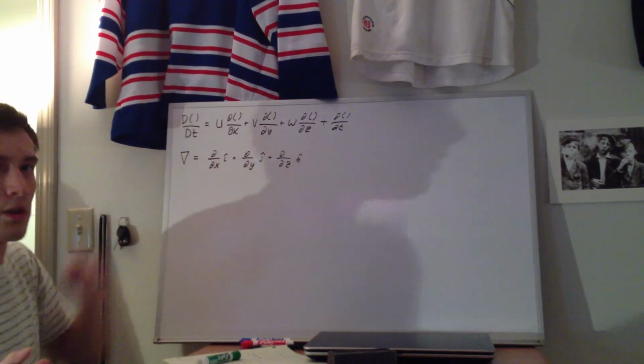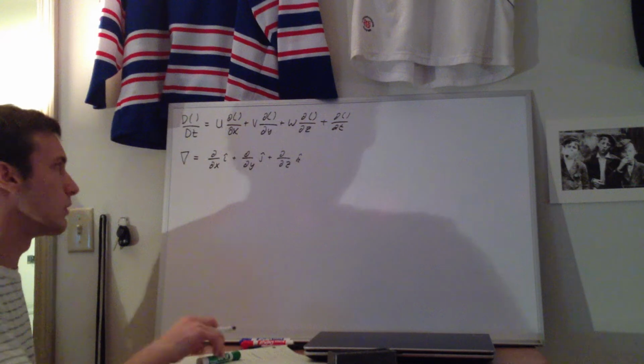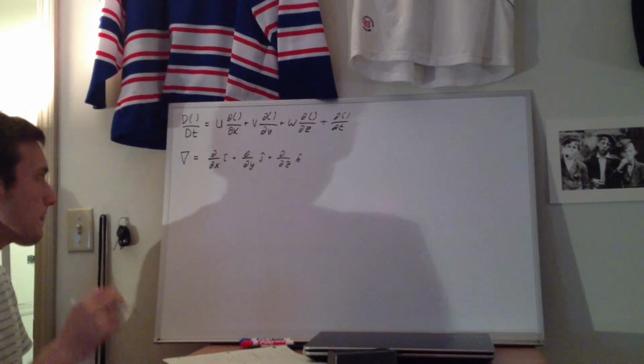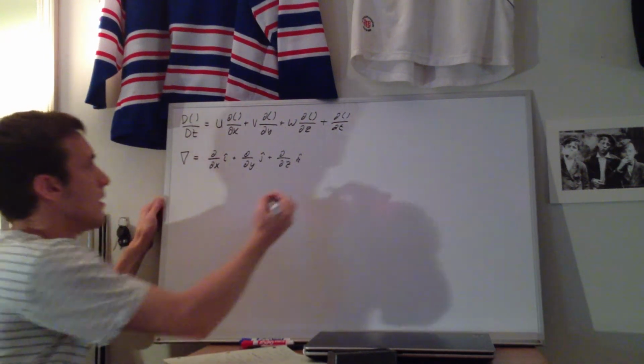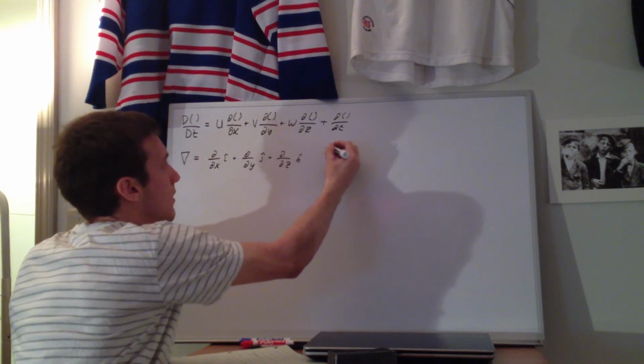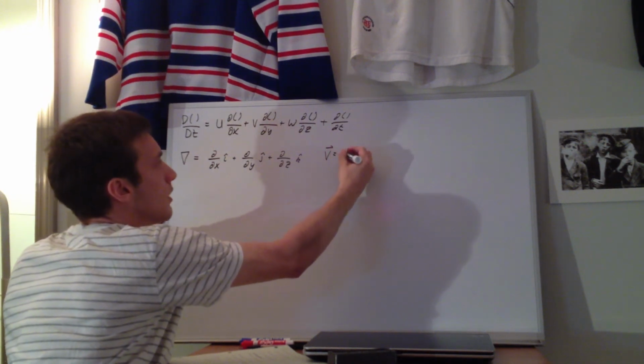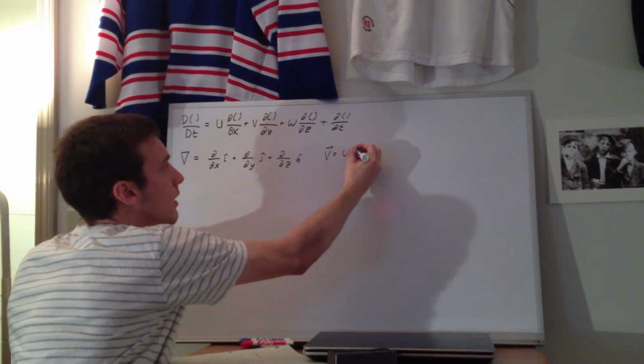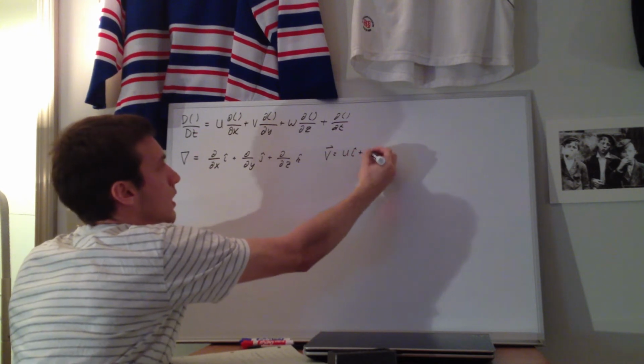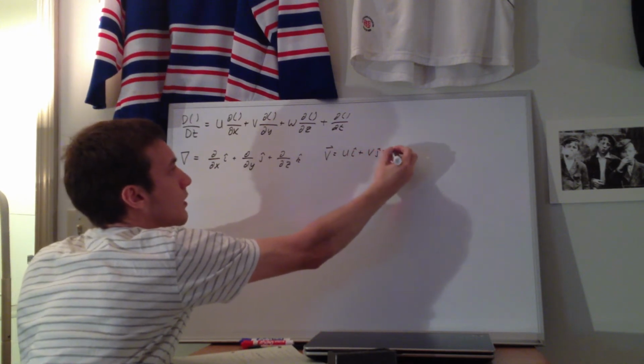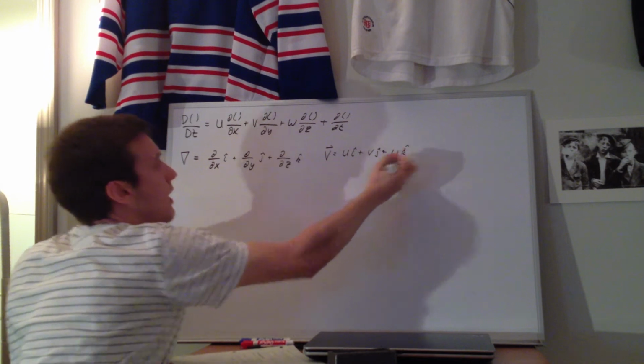Again, this is for Cartesian, but it'll generalize once we finish it. And then if we look at the velocity vector, like we said before, it was u i hat plus v j hat plus w k hat.